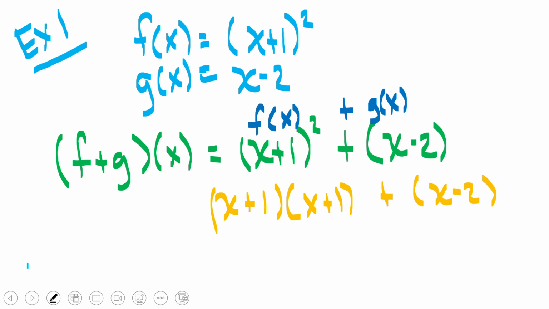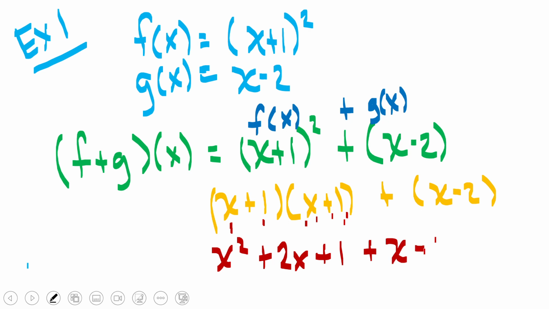If we work this out, we're going to have x times x, x squared. 1 times x plus 1 times x, which is 2x. 1 times 1 is 1, plus x minus 2, like terms emerge.